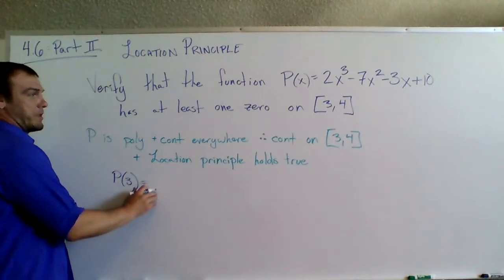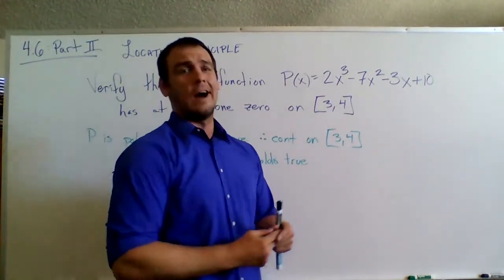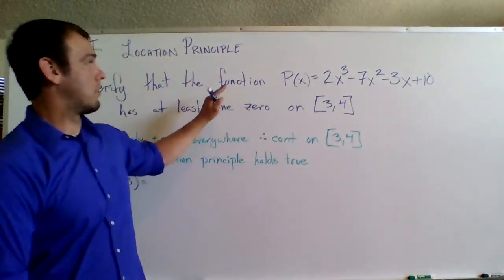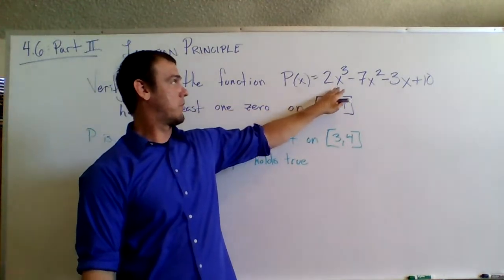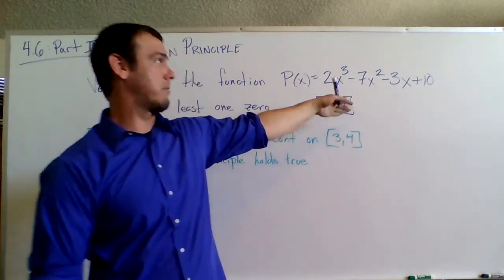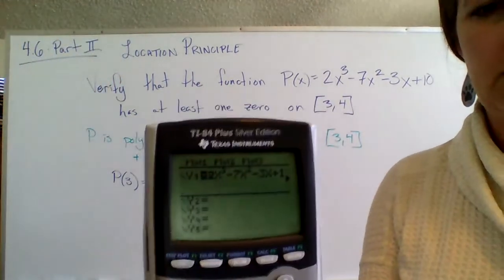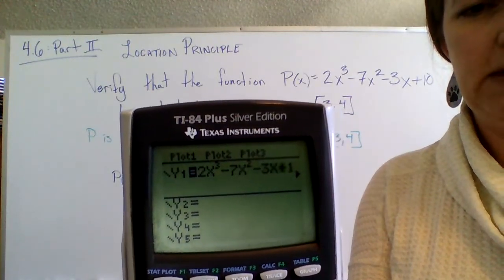Alright, so we're going to figure out what P of 3 is. Now, guys, we're going to show you how to do this in your calculator. You can use the calculator on this test. So I'm going to write in y1: 2x cubed minus 7x squared minus 3x plus 10. You go into y equals and type in your equation. Looks good.